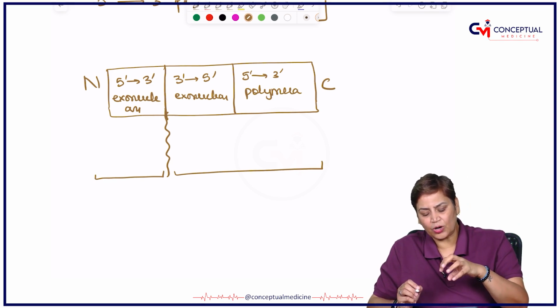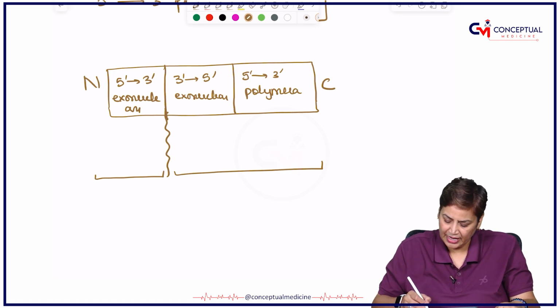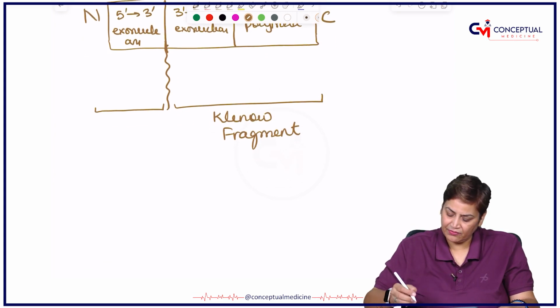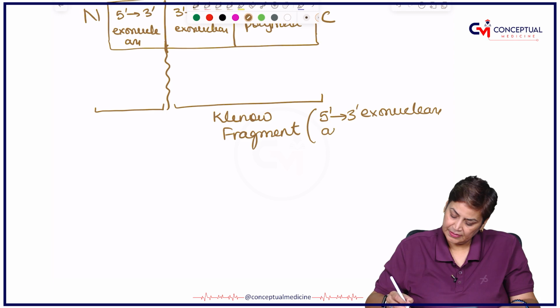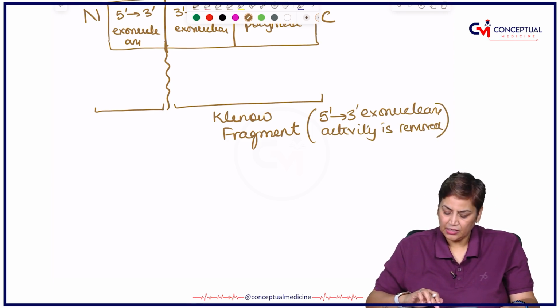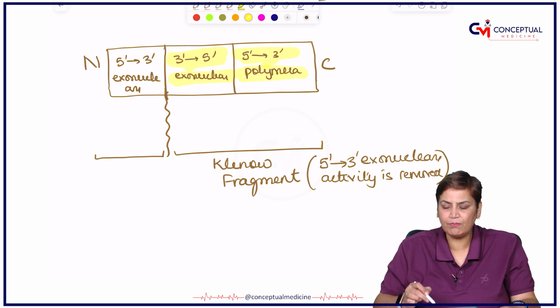If we take this 5' to 3' exonuclease activity out, this is known as the Klenow fragment. So the Klenow fragment is the one from which 5' to 3' exonuclease activity is removed. Right. So this Klenow fragment has 3' to 5' exonuclease and 5' to 3' polymerase activity.